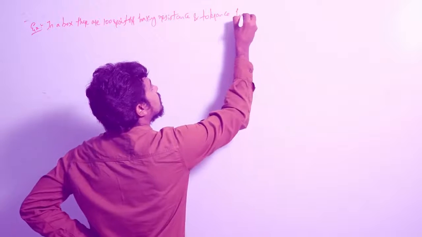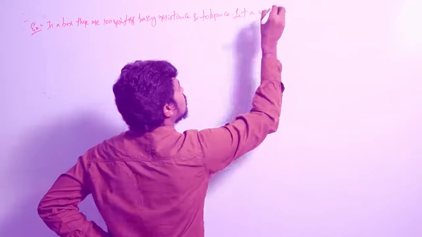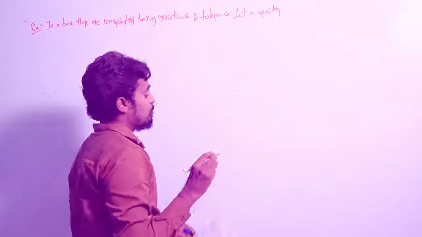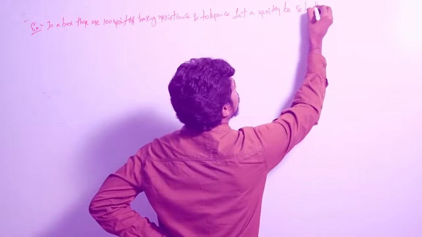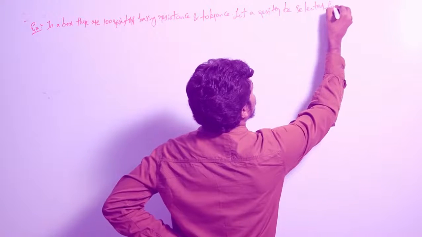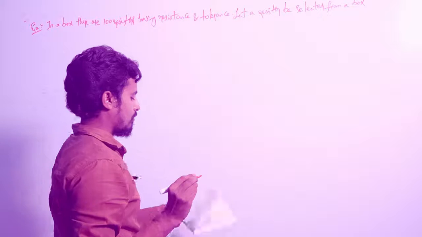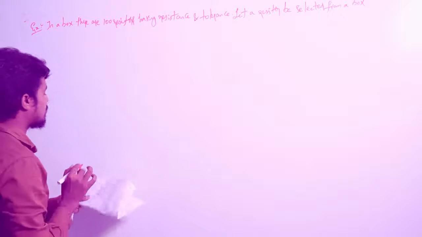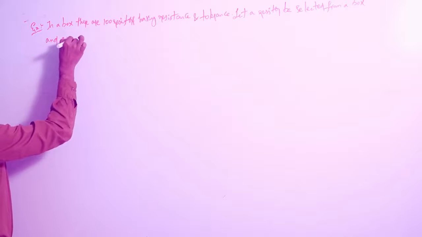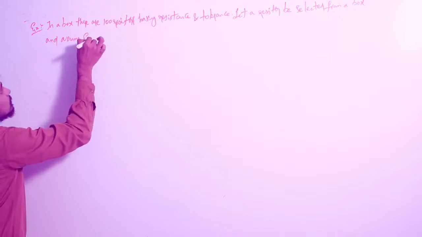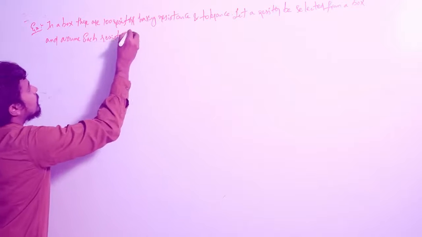Let a resistor be selected from the box, and assume each resistor has equal likelihood.